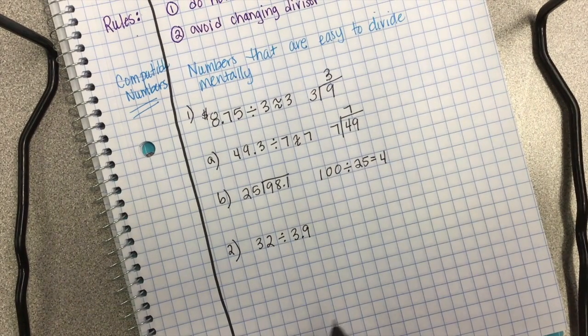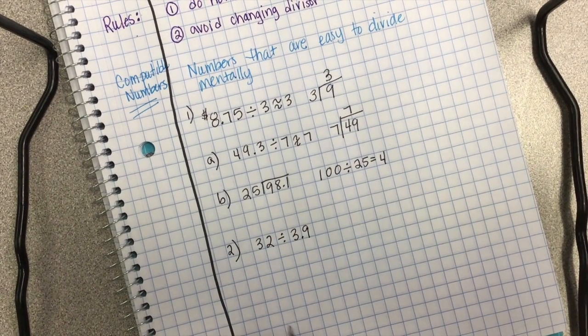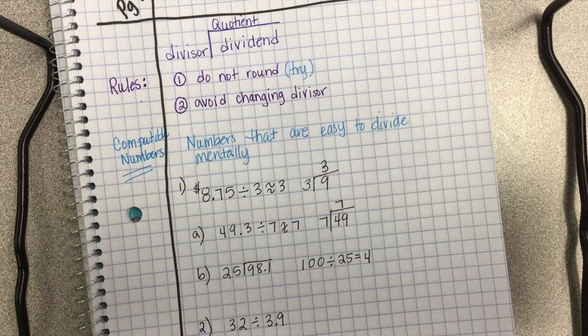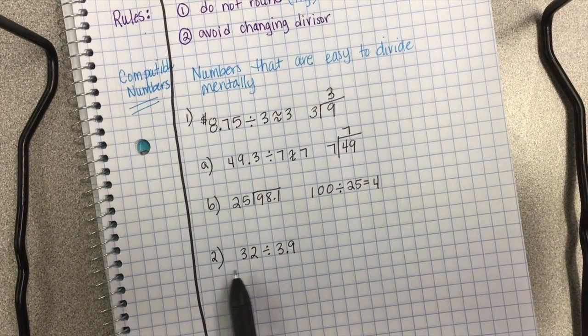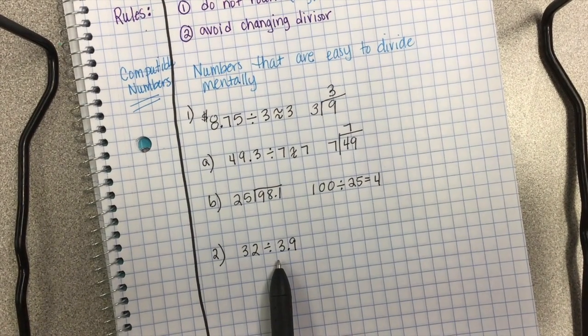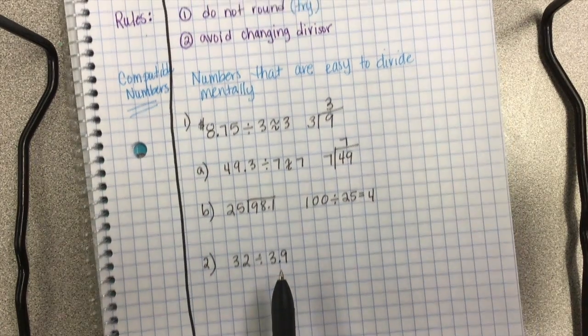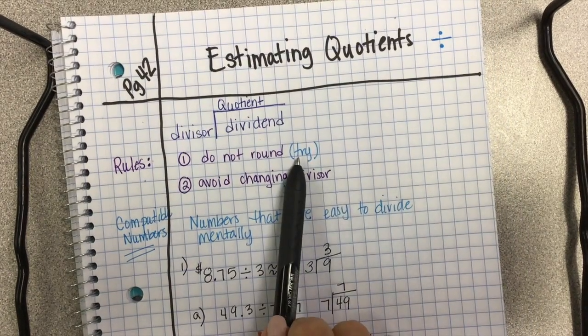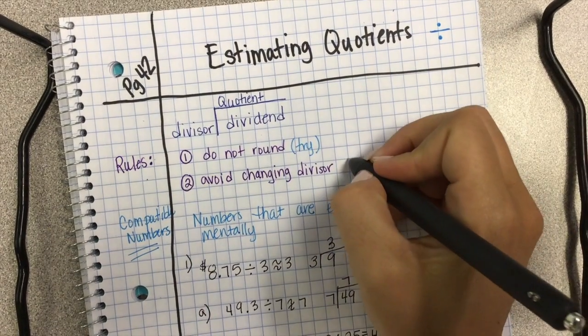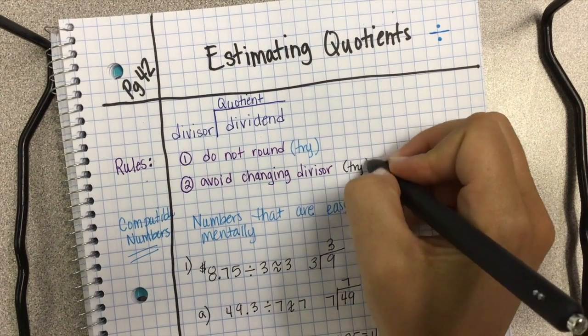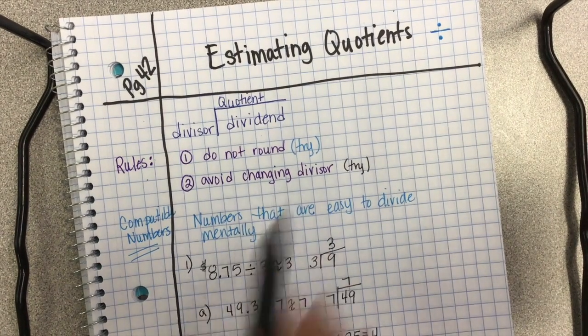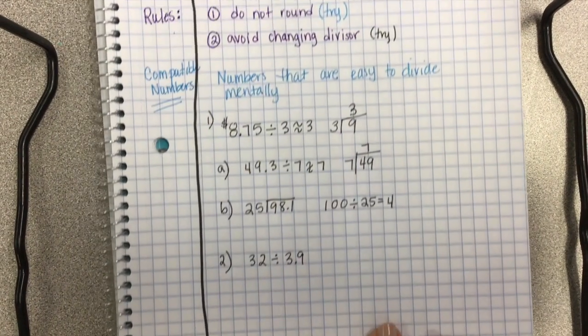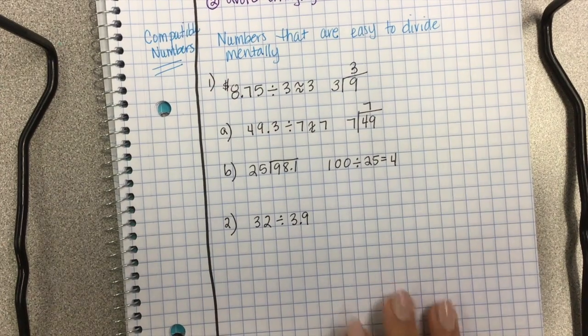You told me to ignore the divisors. I did, I totally did here. But at some point you're going to come across a problem where you're going to have to change the divisor. I said try to not round and try to not change. Avoid changing the divisor, but you're going to come across a problem that you're going to have to.